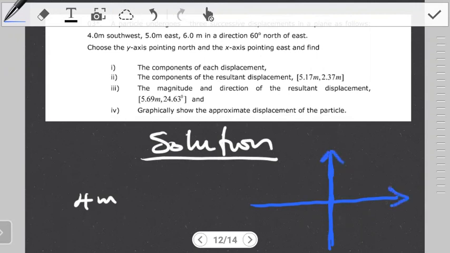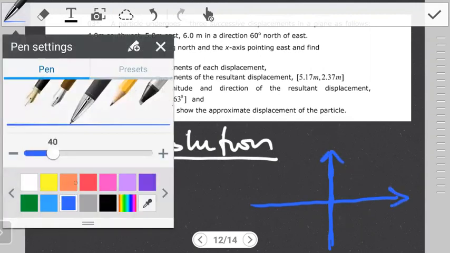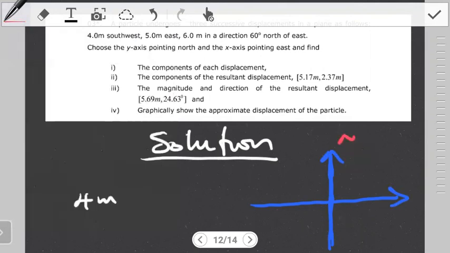In this case, this vector is 5 meters along the east direction. East is this one, so this is our east. All of this vector is along the eastern direction, so this is the vector going in that direction. If they said 5 meters west, it would have meant that this vector is going towards the west, so it would have been going in that direction.